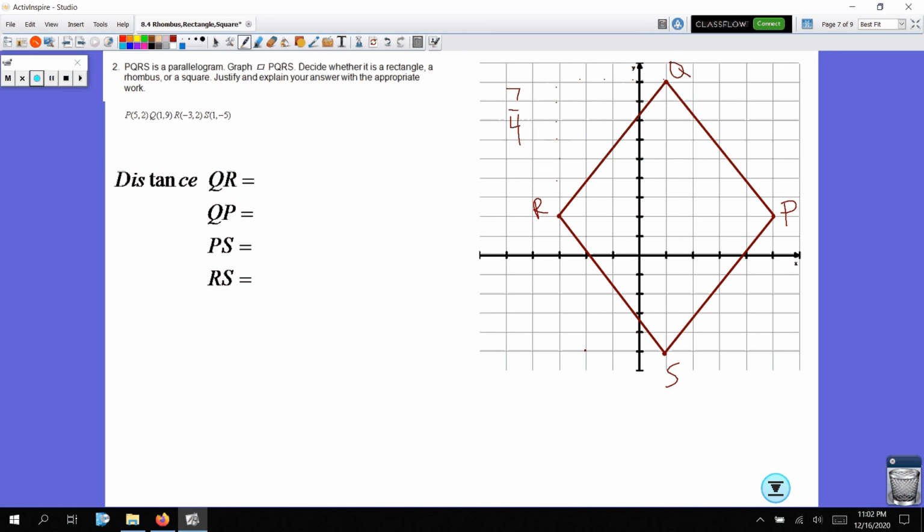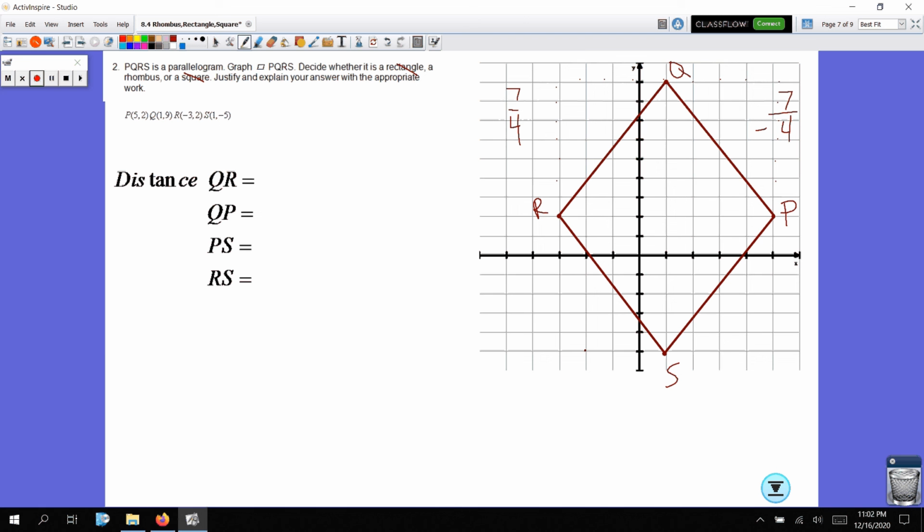If we count this slope over here, we go up 7 over negative 4. They are not reciprocals, right? I didn't flip it upside down. This should be negative 4 over 7 if it was perpendicular.